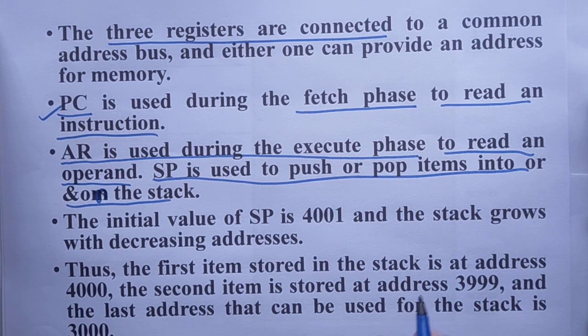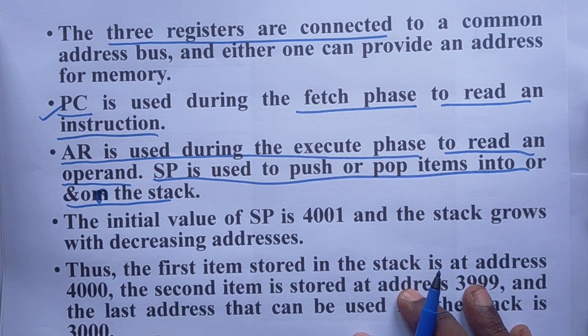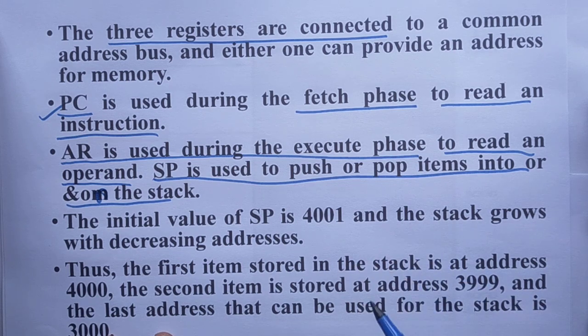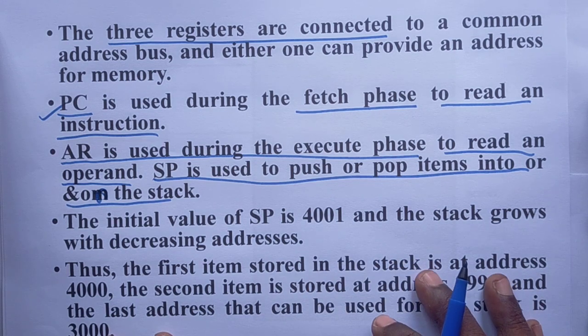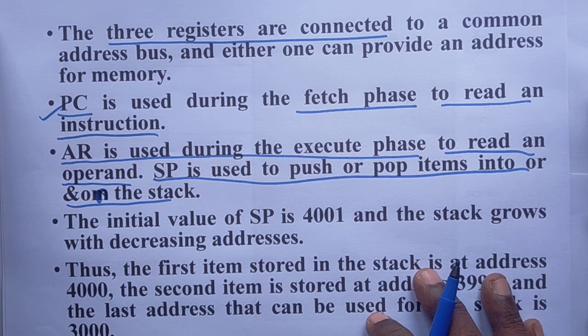If you want to insert some data into the stack, we do it through push, or pop, which means retrieving data from the stack. This is the basic concept regarding the stack pointer.